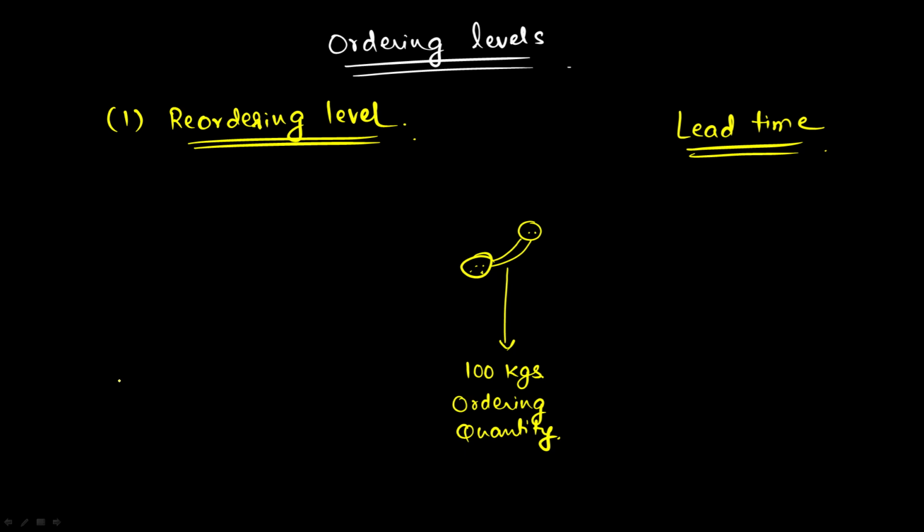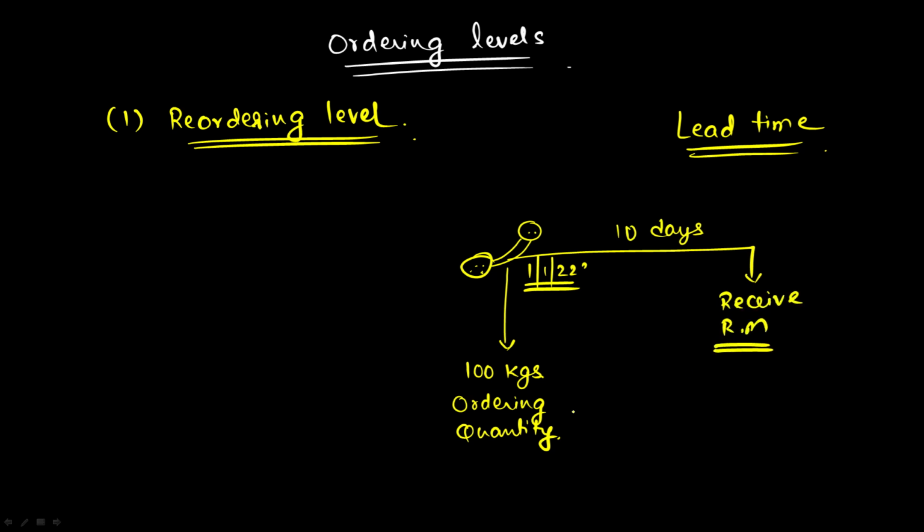This is not my per annum requirement. This we are knowing. And if I order on 1/1/2022, I will receive the raw material on 1/1/2022? No, it depends. If I am staying in Bhavnagar and if the order is coming from Mumbai, I will be taking say 10 days to receive the raw materials.